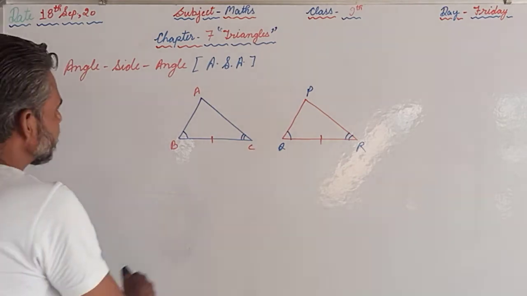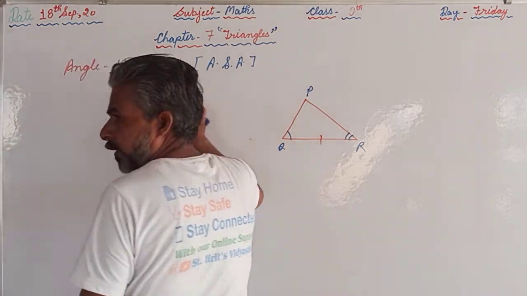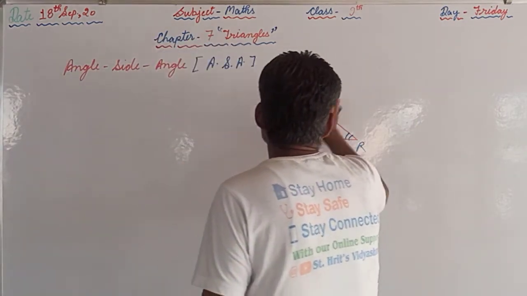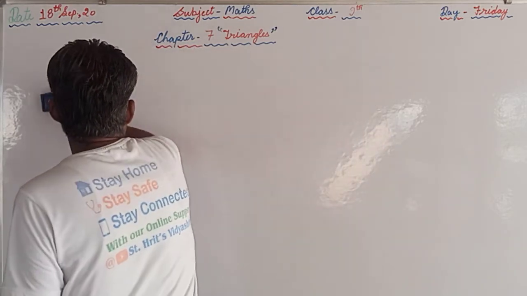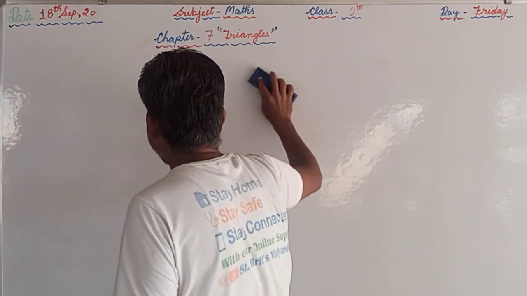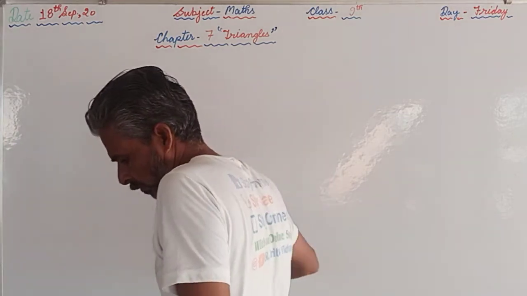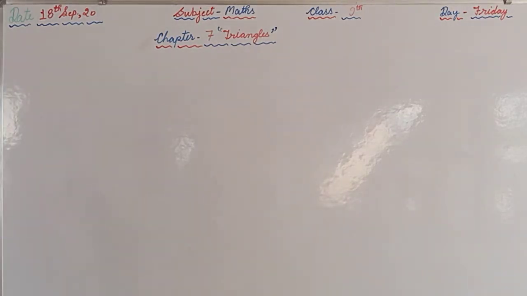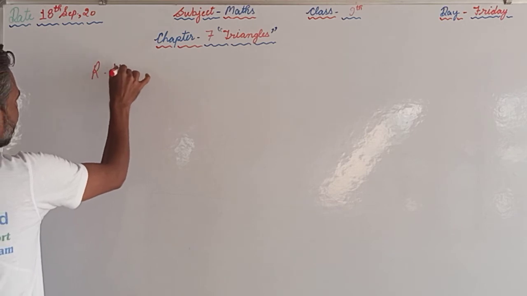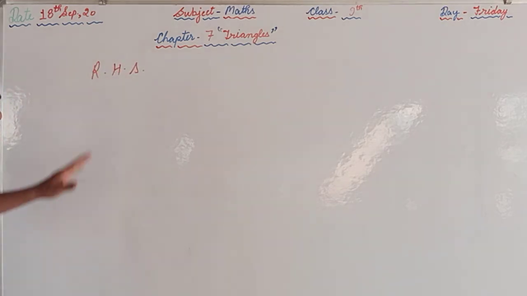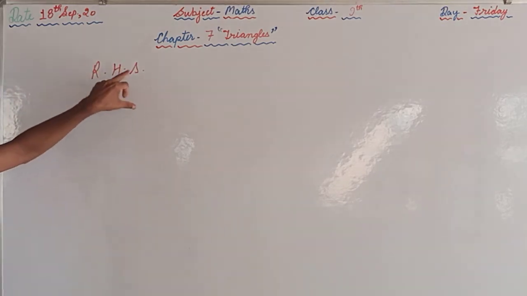Now, after this, we are having one important criteria, that is the RHS. RHS, right angle, hypotenuse, side.